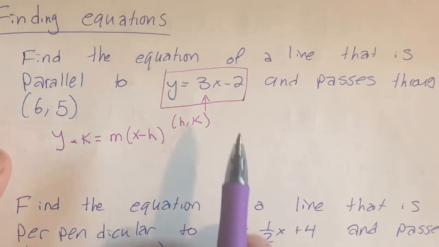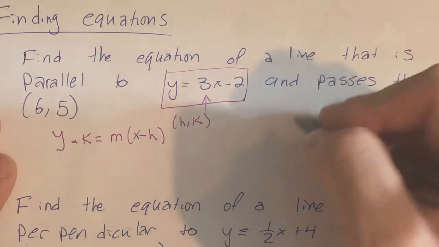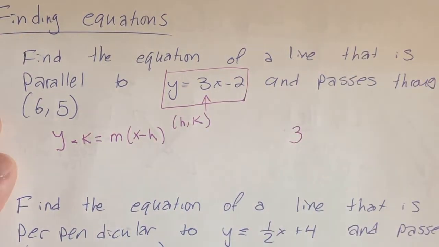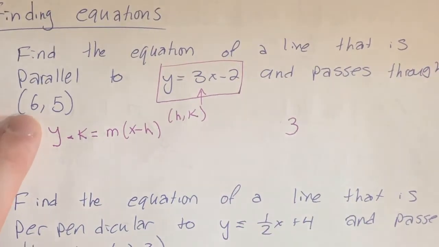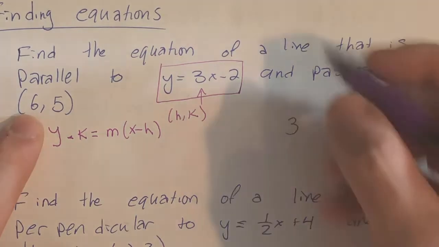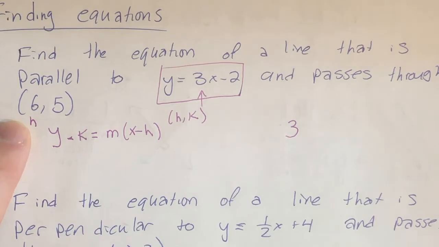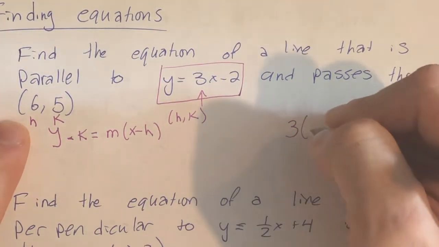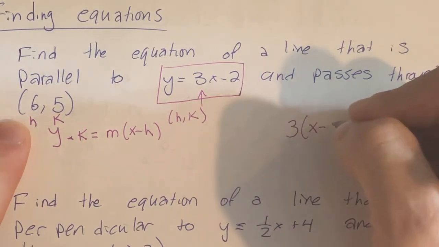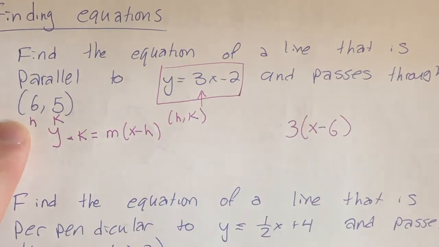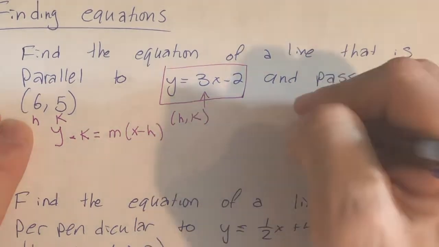So let's take a second and think about it. The slope of the line needs to be 3 so that it will be parallel. The line needs to pass through (6, 5). So the x-coordinate of the point has to be 6, and the y-coordinate has to be 5. So let's go ahead and plug that in. We have x minus 6, so it will pass through x is 6.